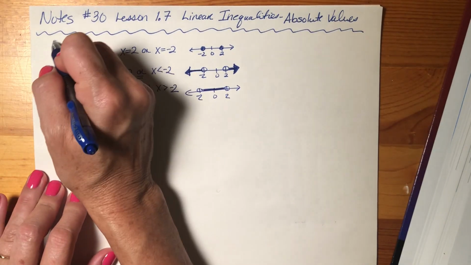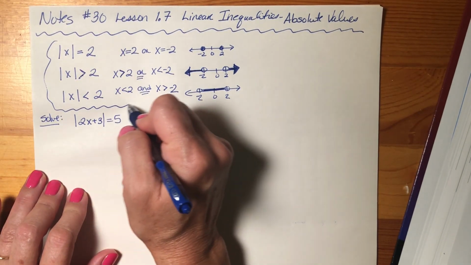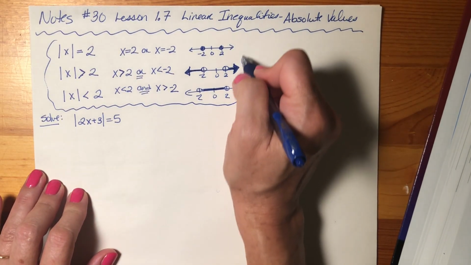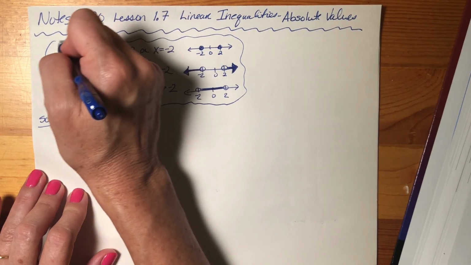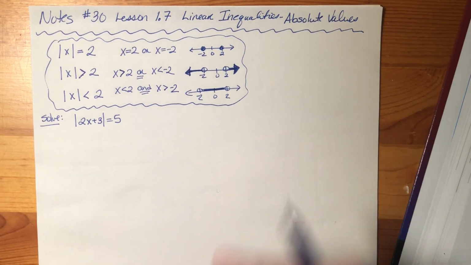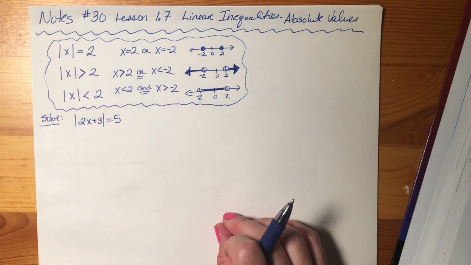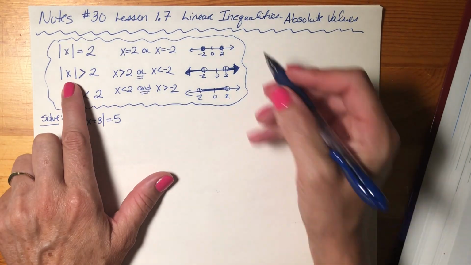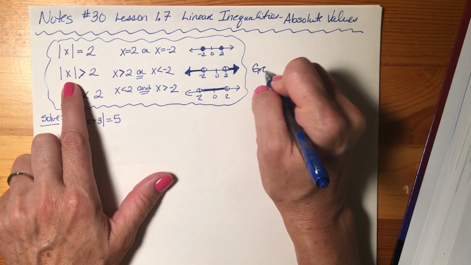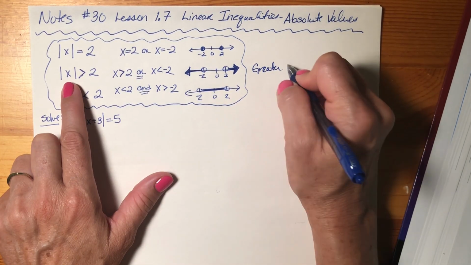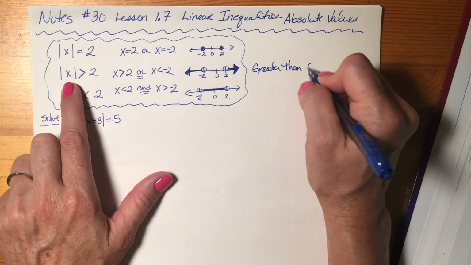So I know this goes way back to what you're used to in Algebra 1, but I want to build upon it. So we're going to do much more difficult questions. Look at what we just did. If my absolute value is on the left side and I have a greater than sign, I used an or.